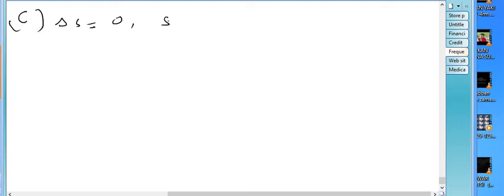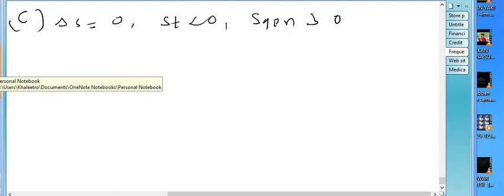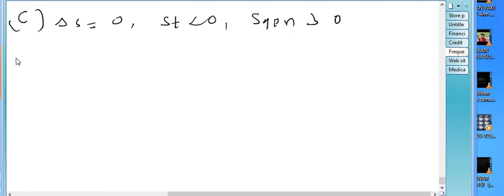The entropy transfer is less than 0, and the entropy generated is greater than 0. So we try the second law of thermodynamics. By the second law of thermodynamics, the entropy generated is equal to the entropy change minus the entropy transfer.